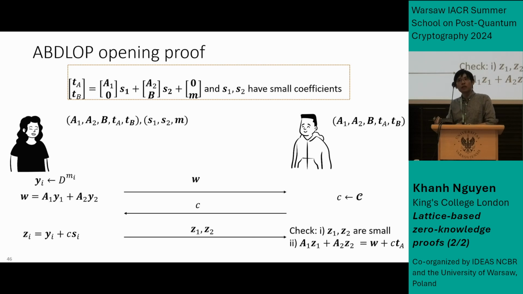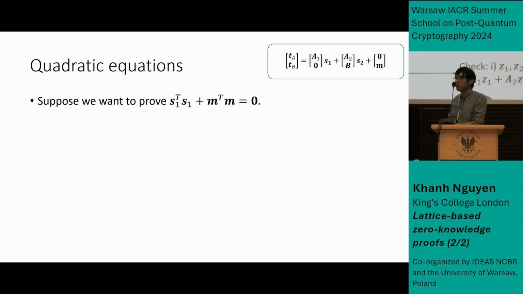I would say that just consider this equation at the top. TA is equal to A1S1 plus A2S2. Now imagine that you think about the concatenated matrix A1 A2 and the vector S1 S2. So for this equation, we're literally doing the same thing as before. But now the matrix is not just A, but A1, A2. Okay. I think I see. Thank you.